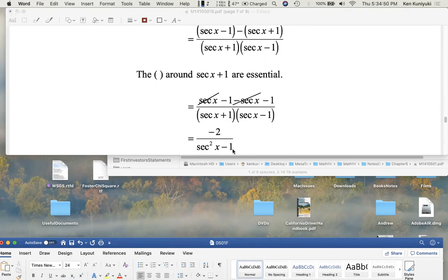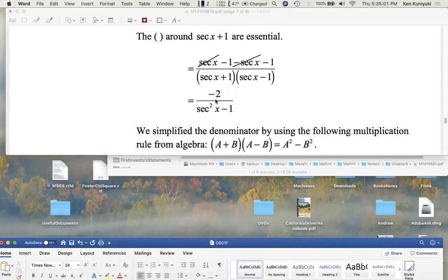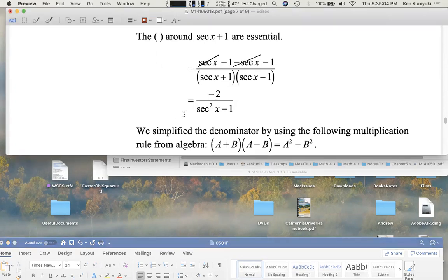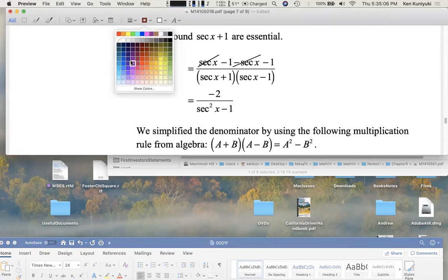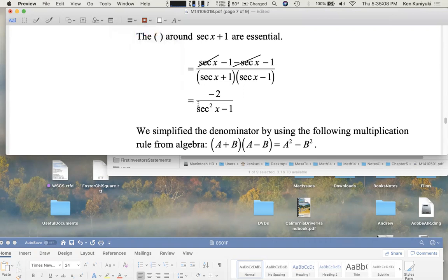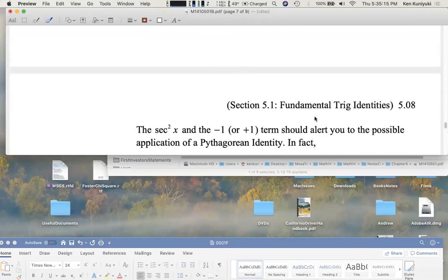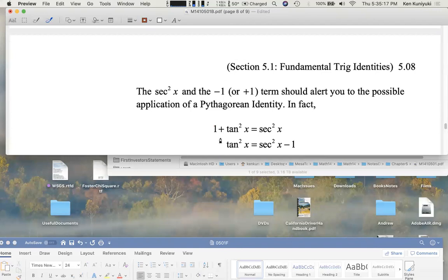But is this equivalent to tangent squared of x? Do we have the right sign here, for example? Well, let's see. What was that Pythagorean identity that involved these trig functions? It was, remember, we're trying to replace this over here, secant squared of x minus 1 with tangent squared of x. Let's see. The Pythagorean identity said that 1 plus tangent squared of x, or vice versa, equals secant squared of x.